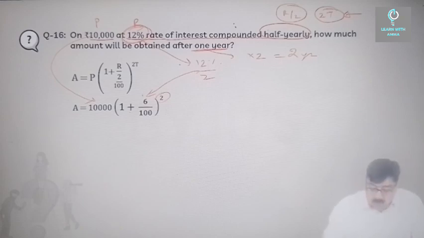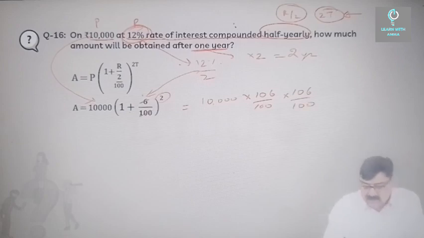See, now, what do we have here? This is 10,000 into 106 by 100 into 106 by 100. See now here, if you want, you could have cancelled these out. 6, so 2 3s are 6, then this is 50. So this becomes 53 by 50. That would increase the calculation. As I have told you, it is more than 100, so 106 into 106. We already know how to find out the square of 106, a number which is greater than 100 but near to 100.